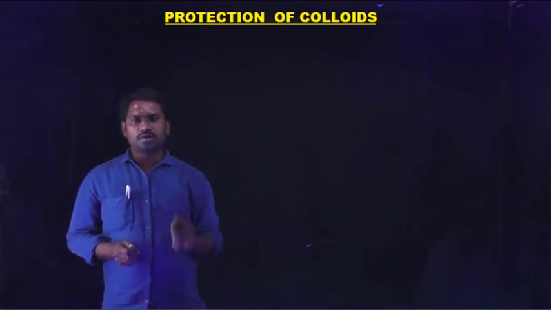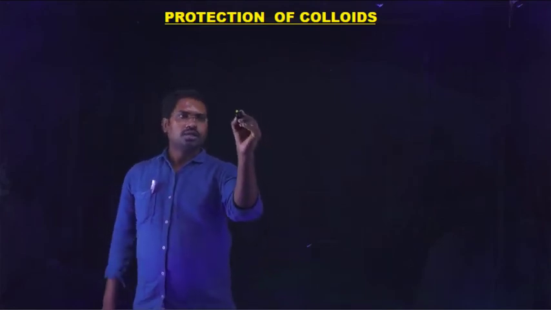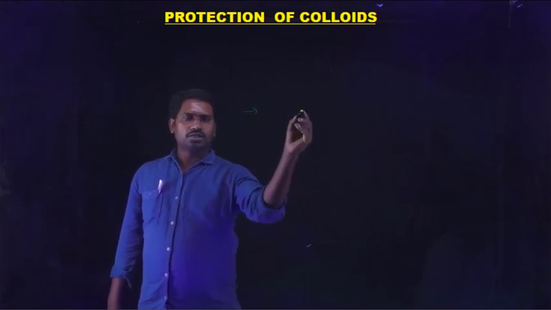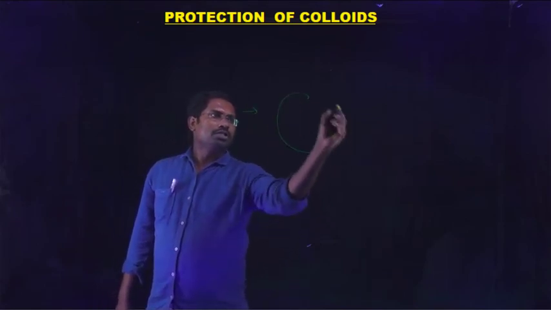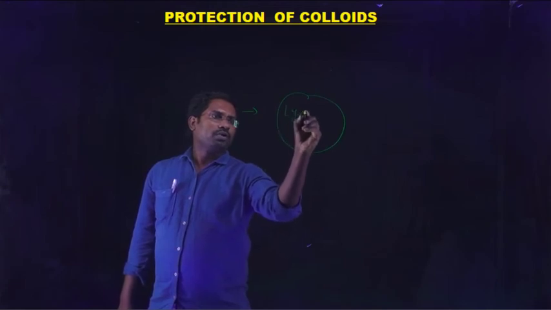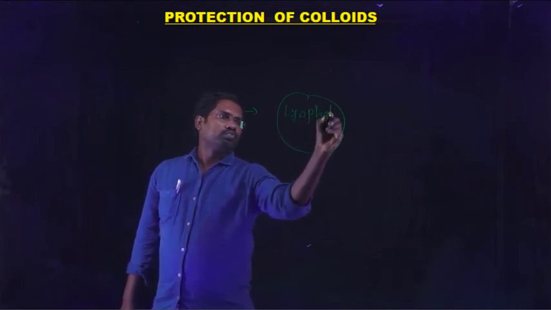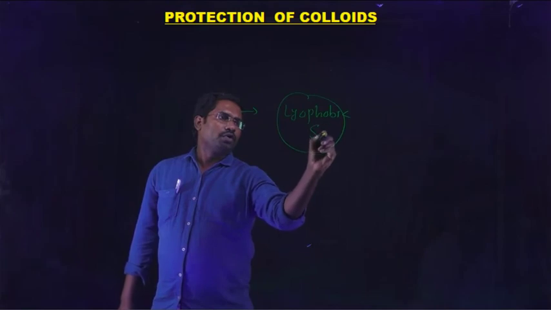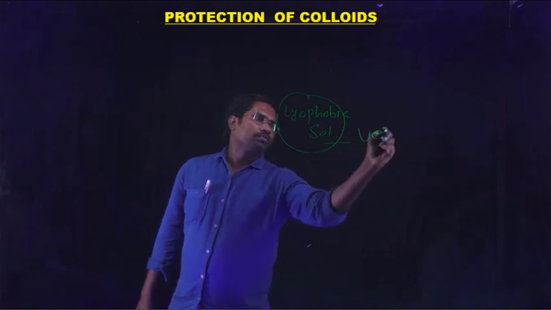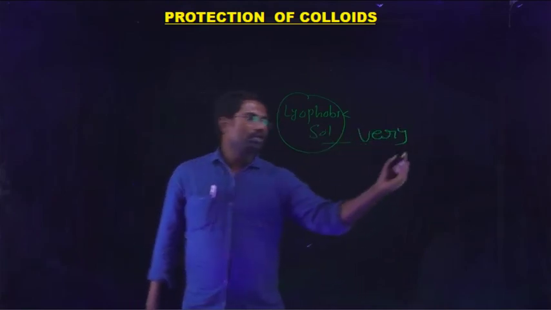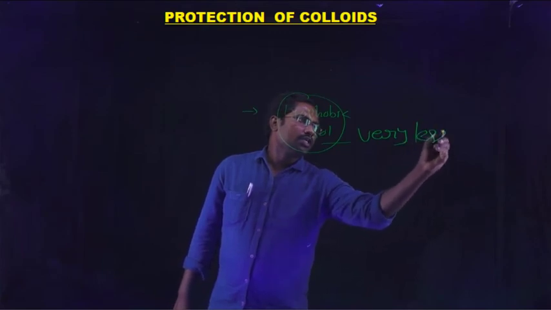How can we protect the colloids from coagulation? For example, in case of a less stable colloidal solution, lyophobic soil, you know that very well. Lyophobic soil is very less stable.